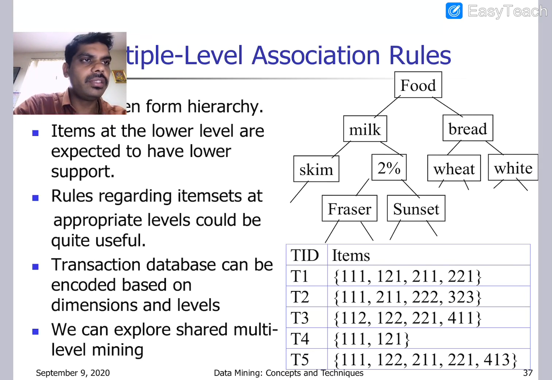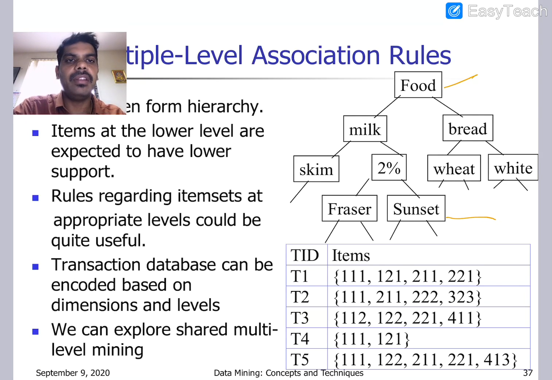Suppose food is the highest level, next milk and bread are the next level, and milk can be separated into skimmed milk and so on, and bread into white and wheat, like that. Hiding the details increases the abstraction, revealing the details decreases the abstraction. So this is the higher level, this is the lower level. Okay, you people are already aware of it.